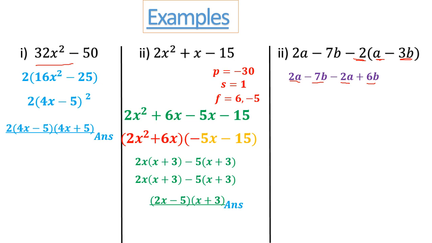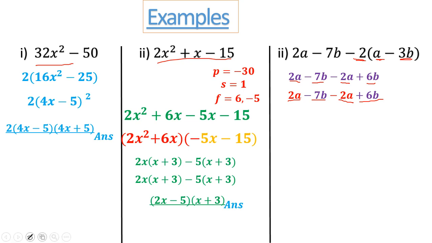So here we cannot use the difference of 2 squares. We cannot use the quadratic factorization, but we can use the grouping because there are more than 3 terms. Okay, so I'm going to group the like terms here. You can see the 2a is a like term to negative 2a. The negative 7b is a like term to positive 6b.